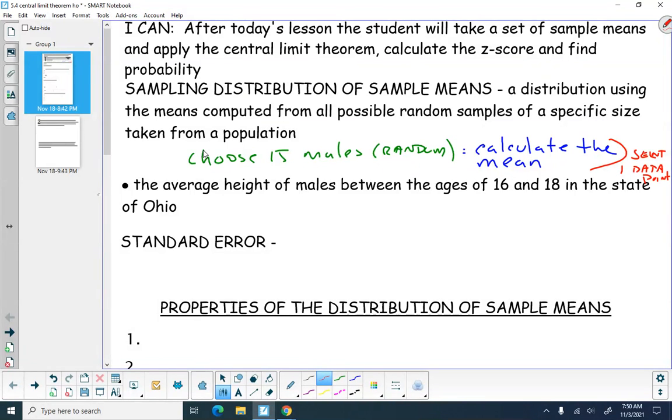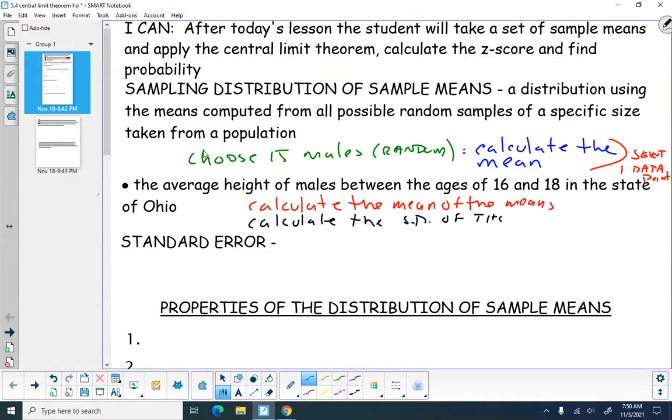What we will do with that one data point is we will calculate the mean of the means, and we will calculate the standard deviation of the means.